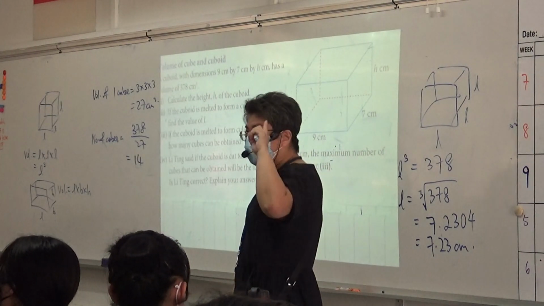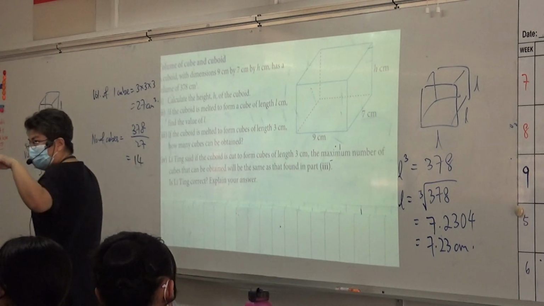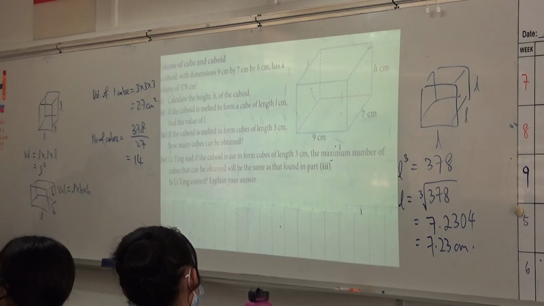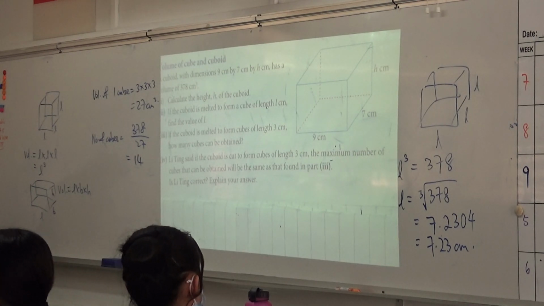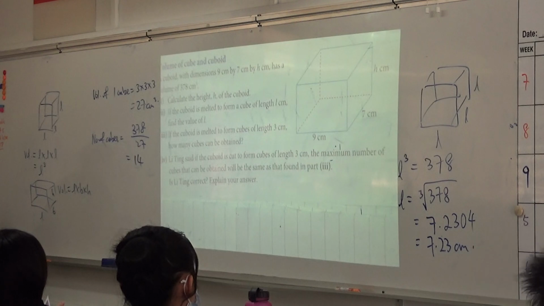Now part 4 is different from part 3. I want you to look at part 4. All of you read part 4. What did he say? He said that if the cuboid is cut to form cubes of 3 cm, the maximum number of cubes that can be obtained will be the same as that found in part 3. Is this incorrect?